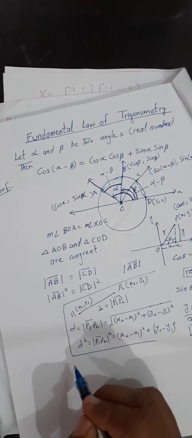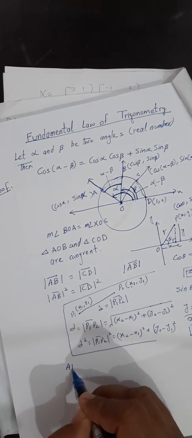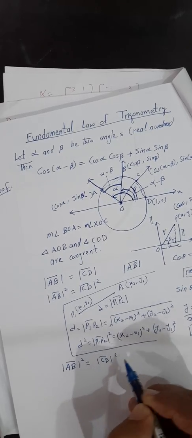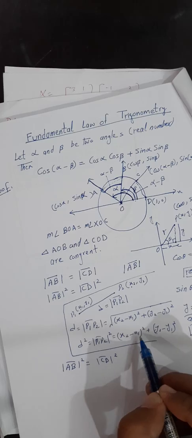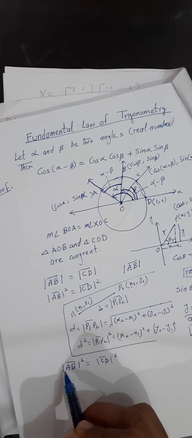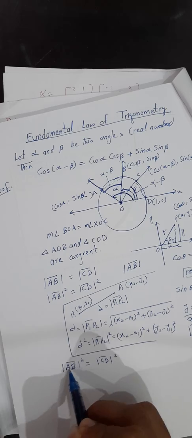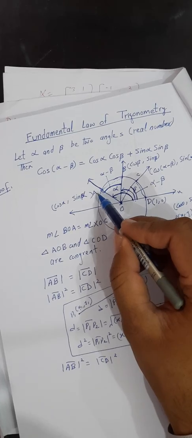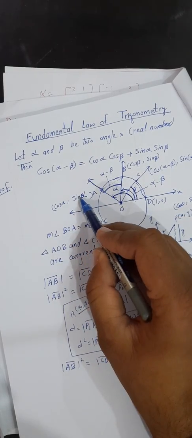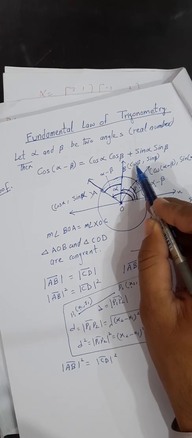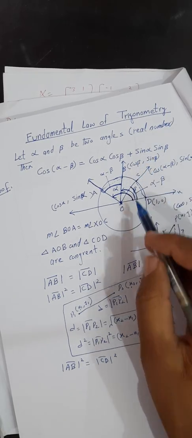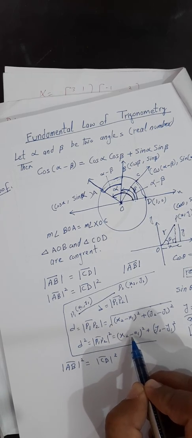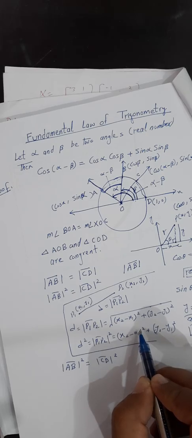Now, again writing AB whole square is equal to CD whole square. With the help of this distance formula, we calculate the distance from A to B. This is AB distance. Where is point A? This is point A in space, cos alpha, sin alpha. This is the point B with coordinates cos beta, sin beta. By using this distance formula, the difference between x coordinates whole square.